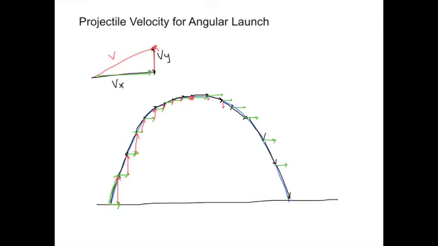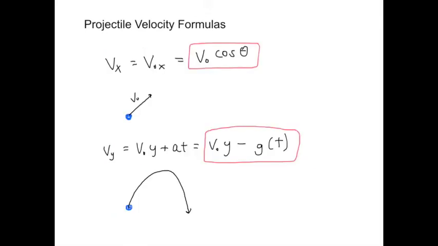In this case, the y velocity is becoming negative because the object is approaching the ground. The object also accelerates as it goes. While the x direction of the velocity stays the same for the entire path of the projectile, the y velocity becomes increasingly smaller until 0 as it rises, and then increases once again, but in the opposite direction for the way down. Let's see how that works mathematically.